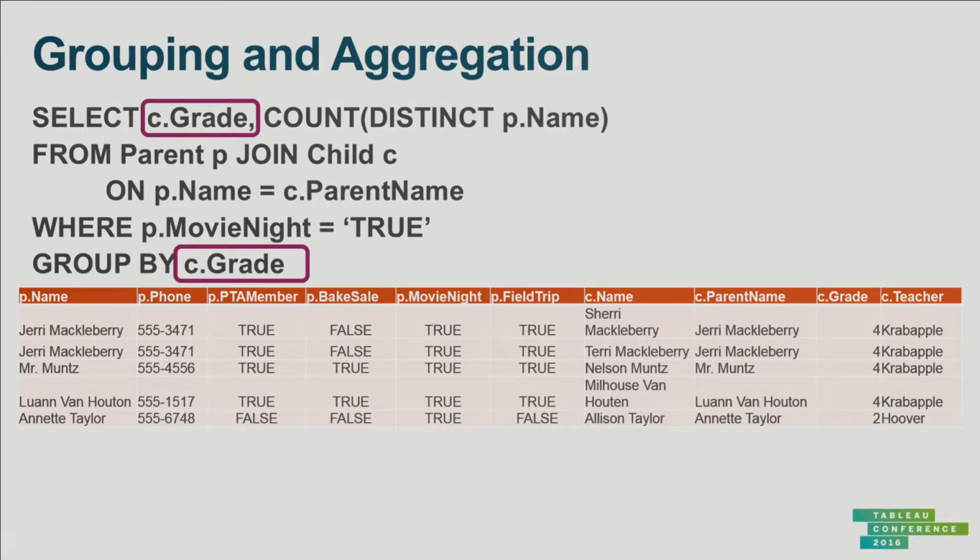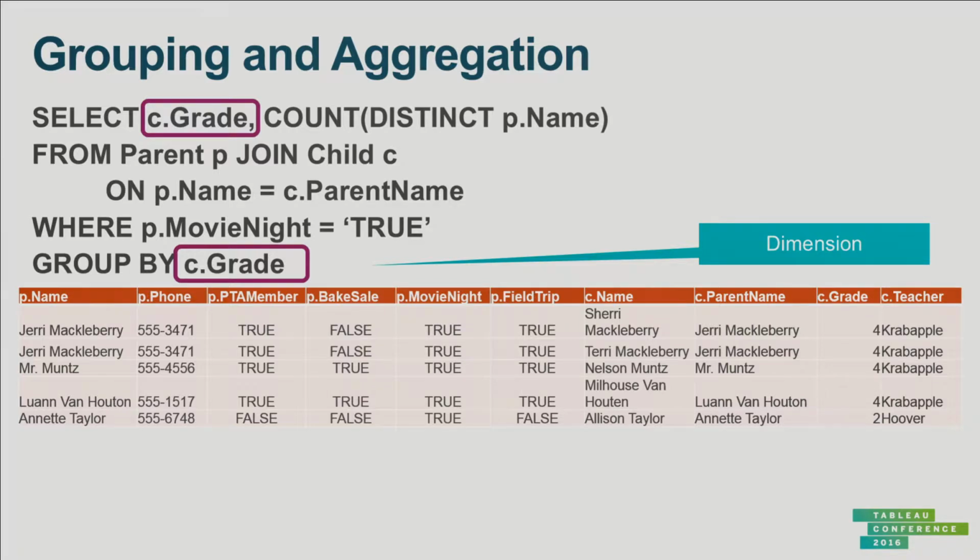And you'll see that the grade column here shows up in the group by clause, and it shows up in the select clause. This tells us how to break up the table. We're going to group it into sets of rows where that grade is the same. So we've got a group here of 4s, and we've got a group here of 2s. The group there of 2s is a group of 1, right? This is what we call a dimension in Tableau.